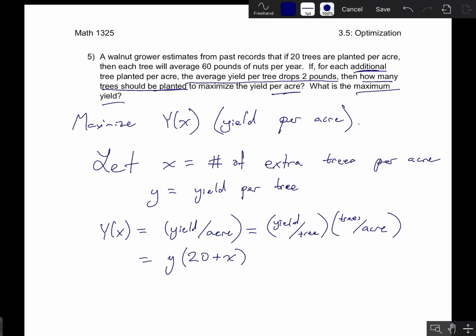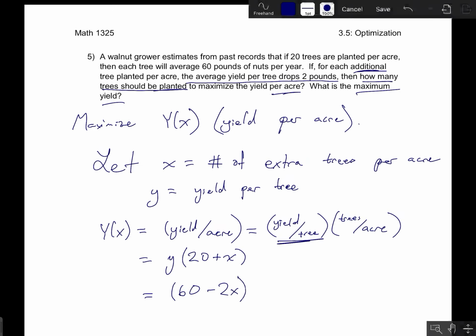So now we need to come up with an expression. In order to turn this into a function of a single variable, we need an expression for Y in terms of X. So let's think about what the yield per tree should be. The yield per tree was by default 60 pounds per year, but for each additional tree that we planted, we lost 2 of those pounds.